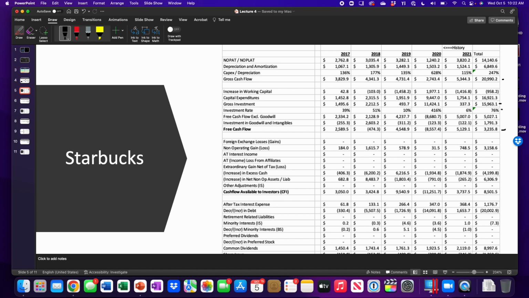Now, when we look at how they're reinvesting, Starbucks actually saw a decrease in their working capital of $958 million. So all of that reinvestment was in capital expenditures. It had more to do with stores and equipment than it did with inventory of coffee.